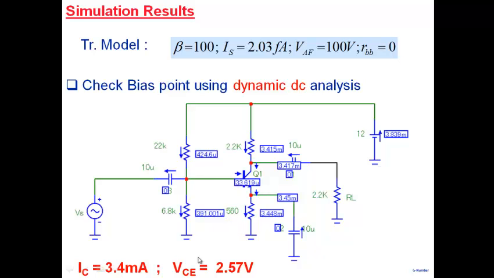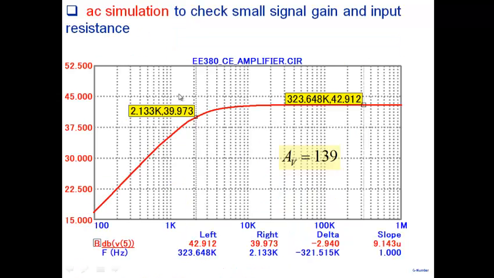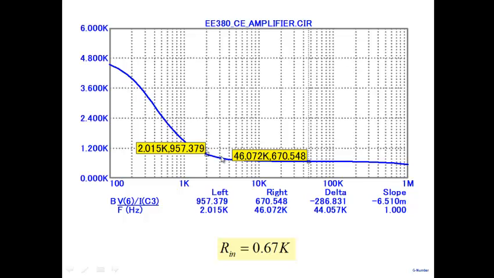So do that and check whether you're getting whatever you've designed for. Then you do AC simulation. AC is nothing but gives you small signal values. So with AC simulation, you can plot gain versus frequency, and you can see what is the mid-frequency gain here. You can also look at what is the input resistance, and you can check that out.